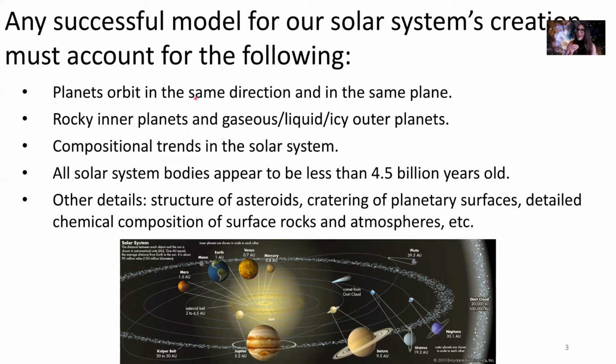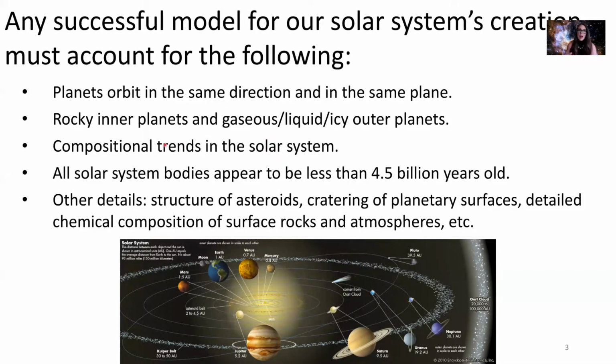So again, any successful model to describe the formation of our solar system must account for the fact that planets orbit in the same direction around the sun and in the same plane. That's that flat disk of our solar system that we saw in lab a couple of weeks ago. We also have 4 inner planets, which are rocky, and 4 gaseous, liquid, icy outer planets. So this theory has to be able to explain those.